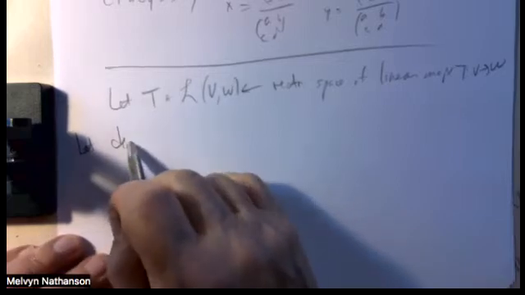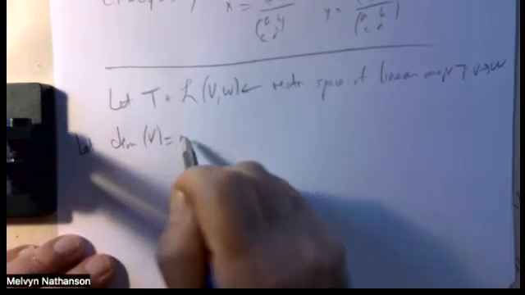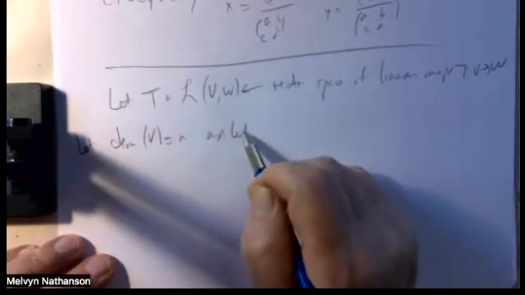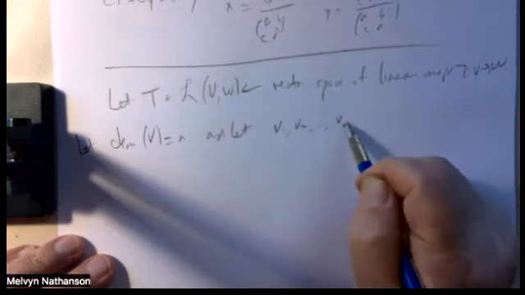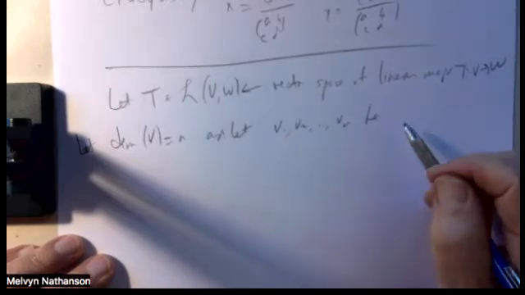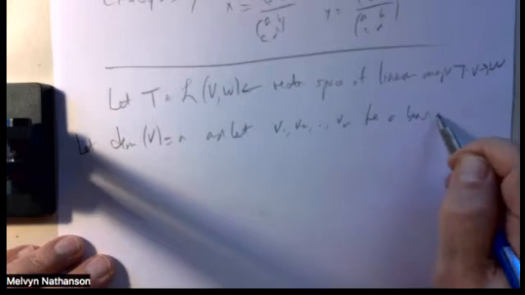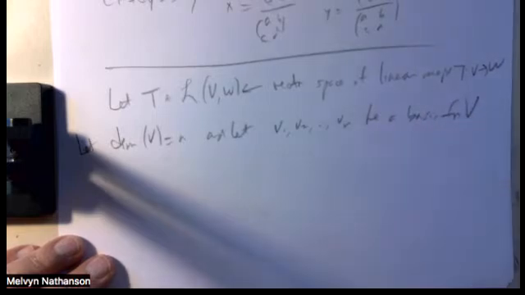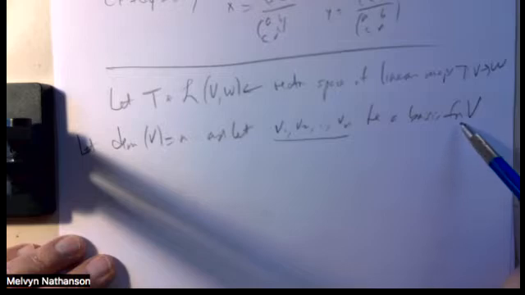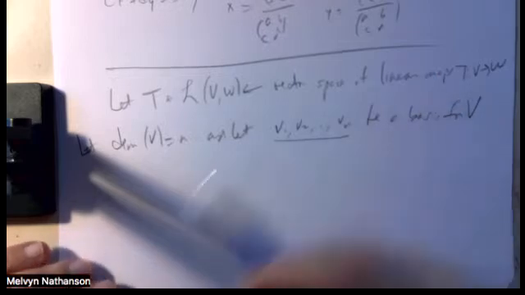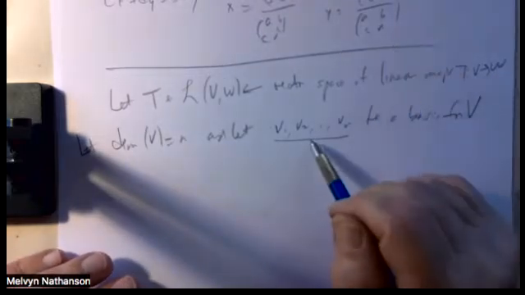Let the dimension of V be n, and let v1, v2 up to vn be a basis for V. I specified a concrete basis for V. Every vector space has infinitely many different bases, but you fix one.